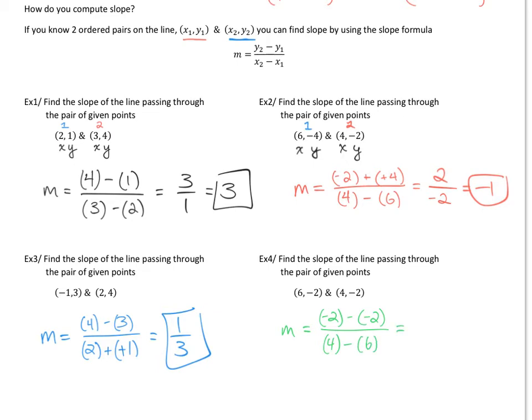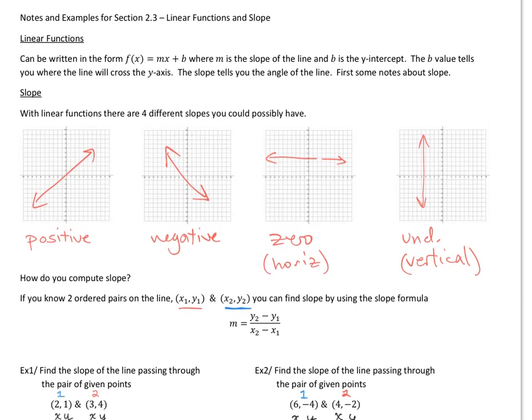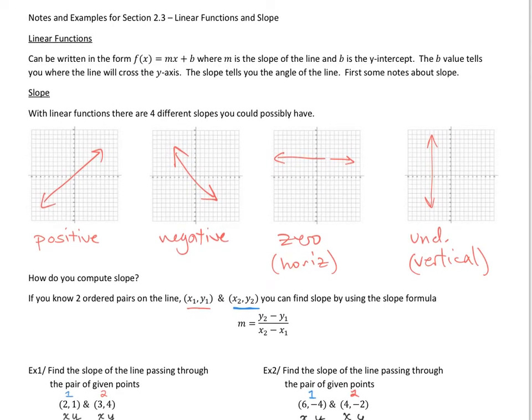So in the top, when you subtract something away from itself, you always end up with a 0. So this will be 0 over negative 2, which is 0 slope. And if you go all the way back up here and take a look, when you have a 0 slope, that means you have a constant line. It's a flat line.